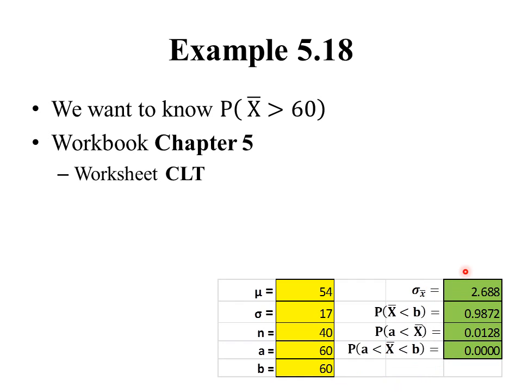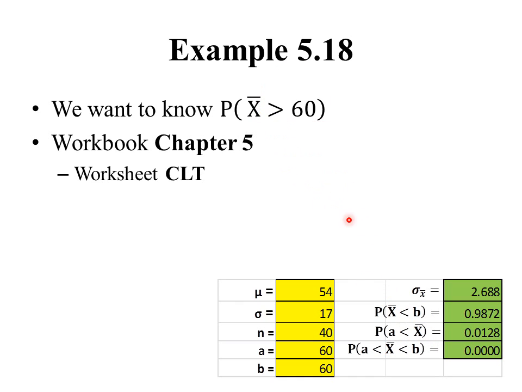Now, this worksheet will automatically calculate the value of sigma sub x bar. So here the standard deviation of x bar is 2.668. And then we want a probability of this form right here, that x bar is greater than some number. Now this is written kind of backwards of the way it is here, but that's okay.